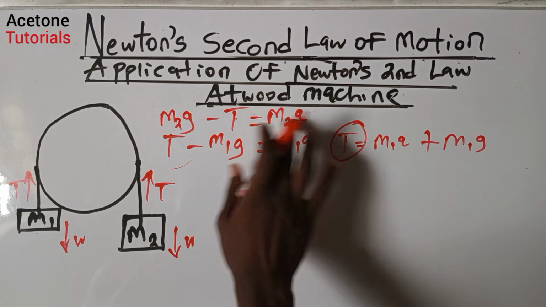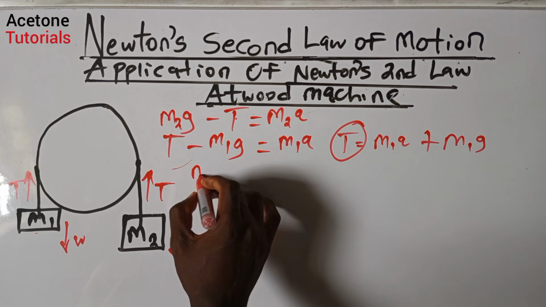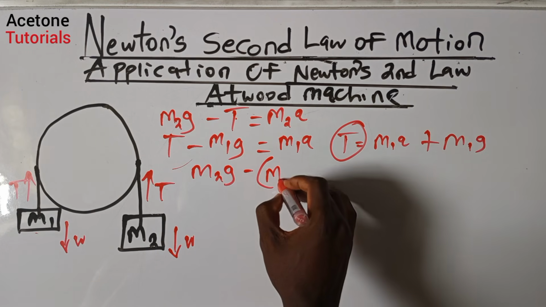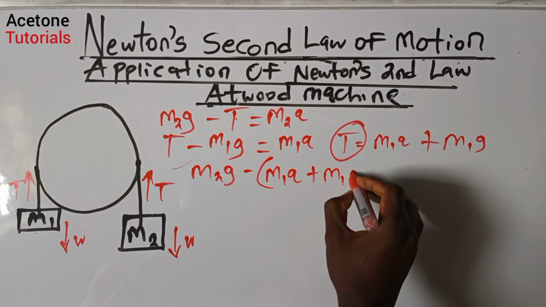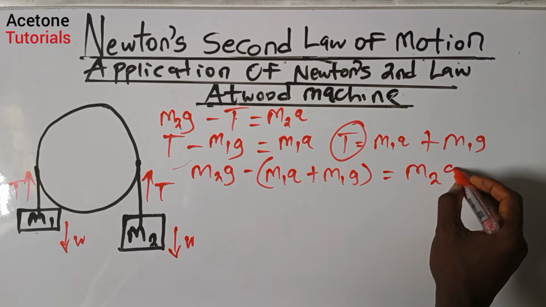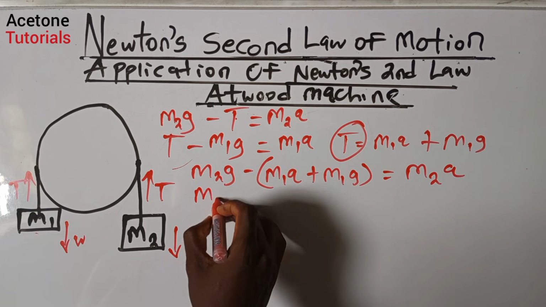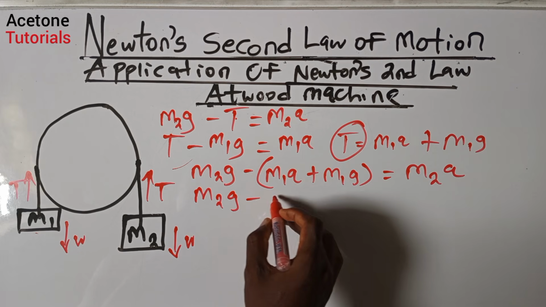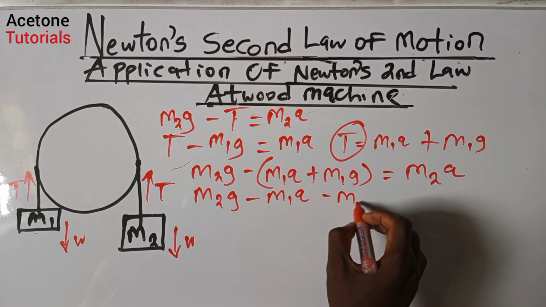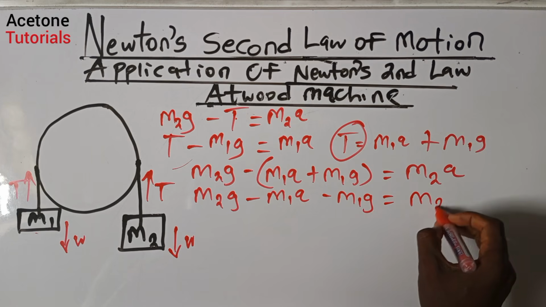You can replace the tension here with this. I just want to find the acceleration. So we have m2g minus, in brackets, m1a plus m1g, equals m2a. Opening the bracket, we have m2g minus m1a minus m1g equals m2a.